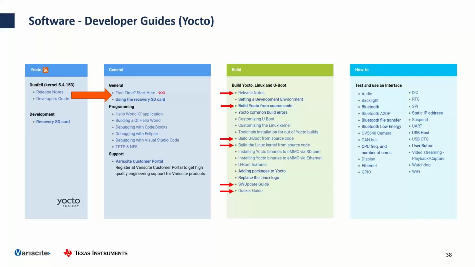Always on the general side, we also have some information about how to compile a simple hello world, building the same hello world but for Qt, and we provide information about how to customize the IDE environments. We mainly focus on Eclipse.